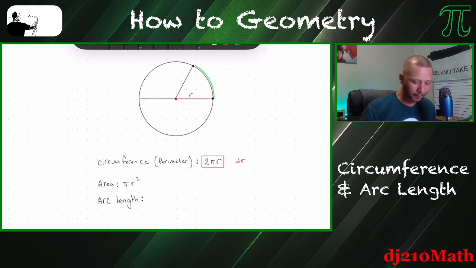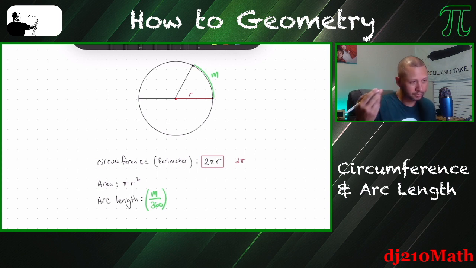And the way we figure that out, we'll call that measure M. The arc length is going to be that measurement divided by 360, because there's 360 degrees in a circle. If the measurement was 360, that would be one whole circumference.